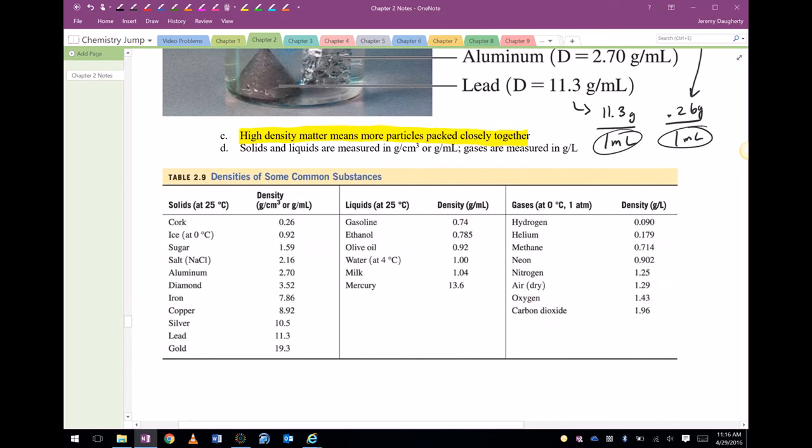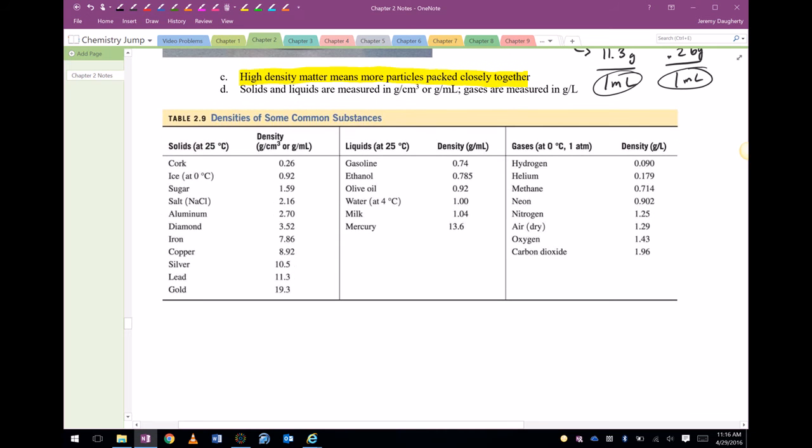Here's the density of common substances, which is on our pink equation sheet. You don't have to memorize any of these. The only one you really need to know off the top of your head is the density of water, which we usually say is 1 gram per milliliter. You can go by that: 1 milliliter of water weighs 1 gram, and 1 gram of water takes up 1 milliliter of space, unless you measure the temperature of the water.